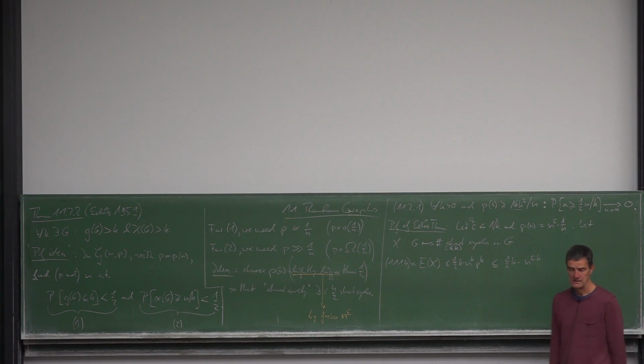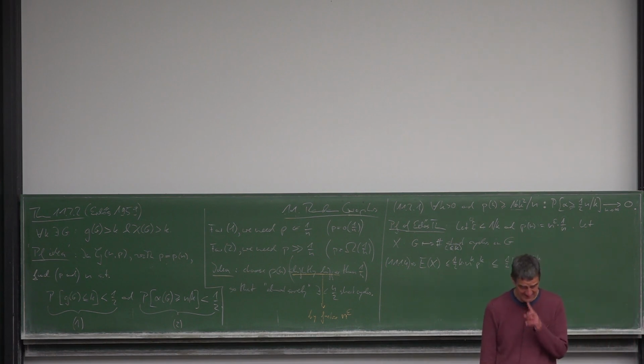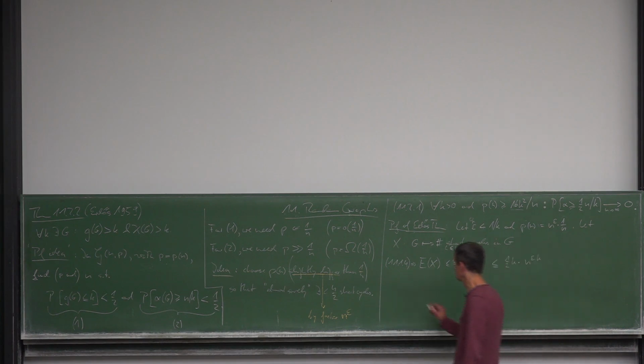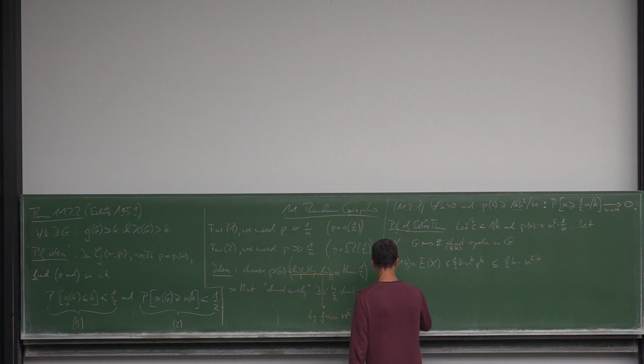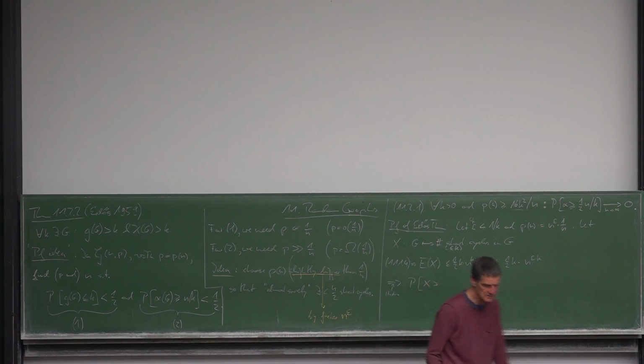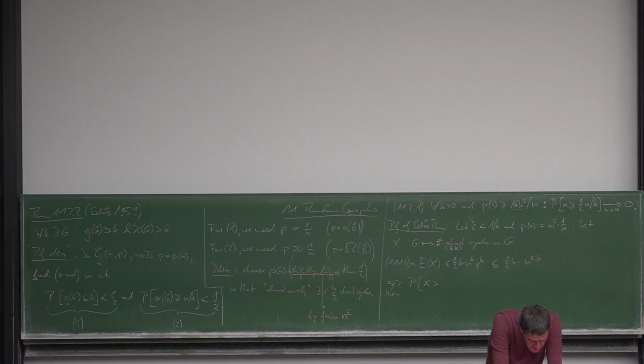Okay. So that's the expected value of x, its mean. And now we want to use Markov to show that the probability that we have many short cycles is small. Okay, so by Markov, the probability that x, do I want strict inequalities there?